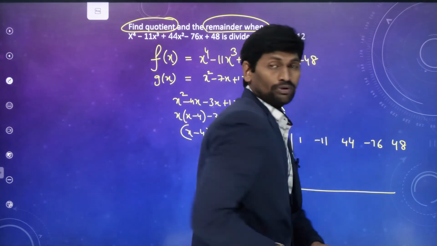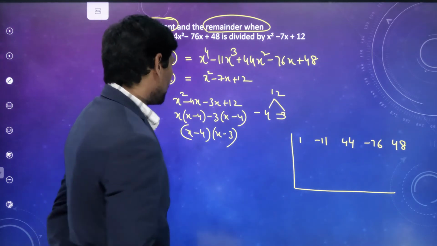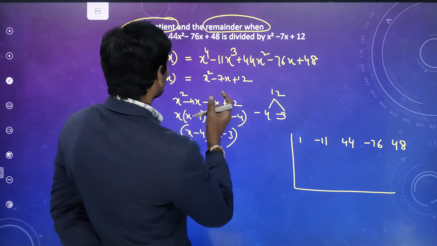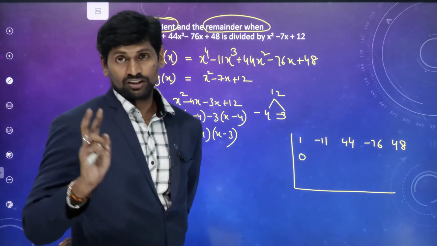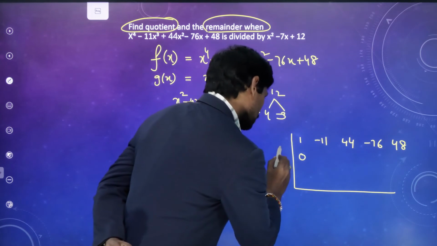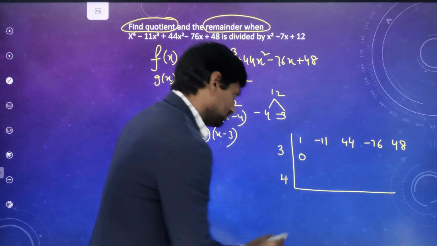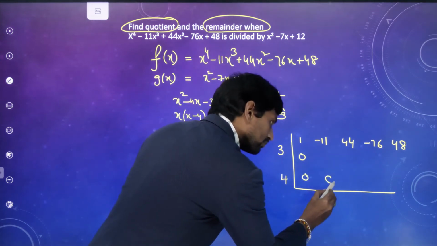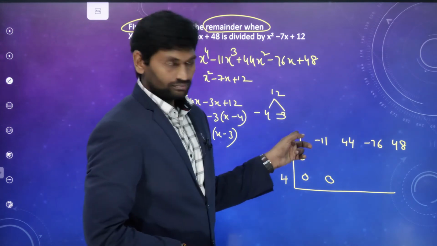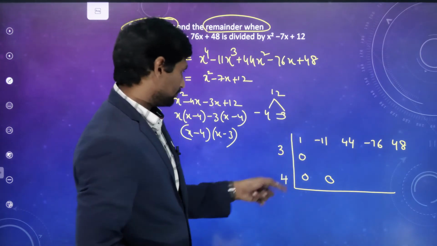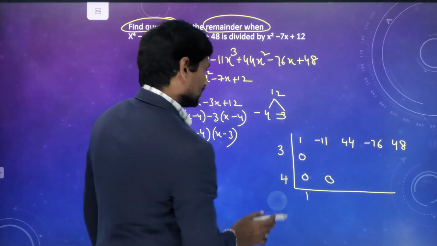Now I am applying both roots together, 3 and 4. So one is 3 and the second one is 4. Now for 4 we need to leave 2 zeros like this. Got it now? Now 1 plus 0 is 1.